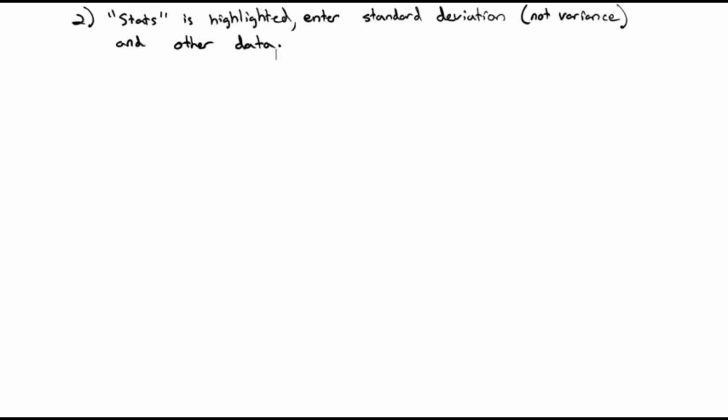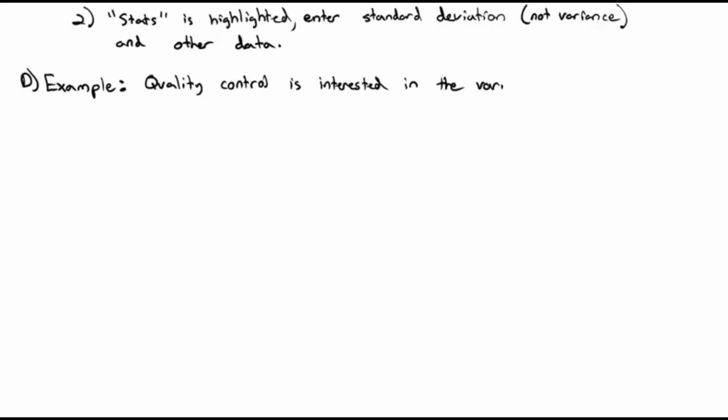So let's try an example and see if we can do a test of 2 variances. Quality control is interested in the variance of 2 machines making widgets.